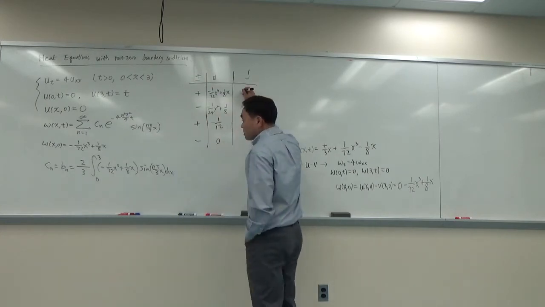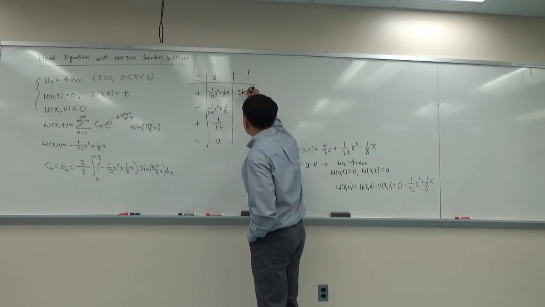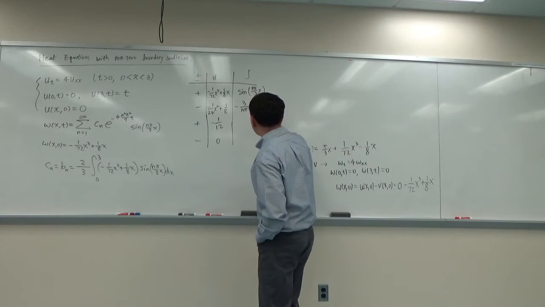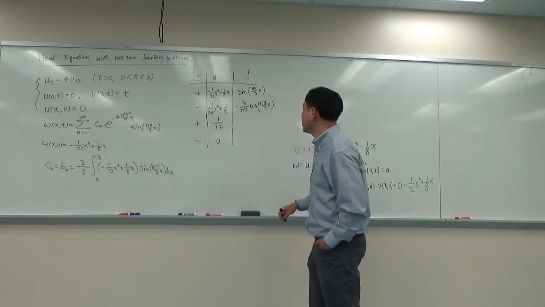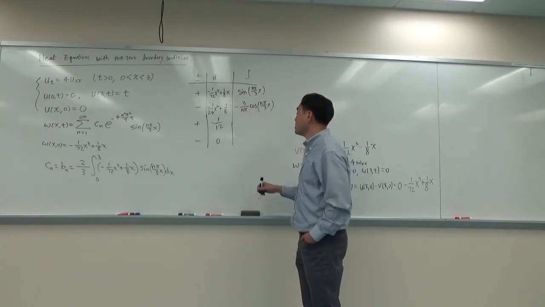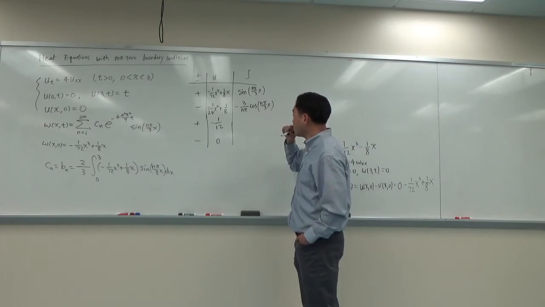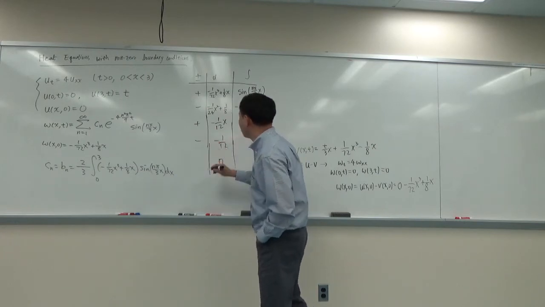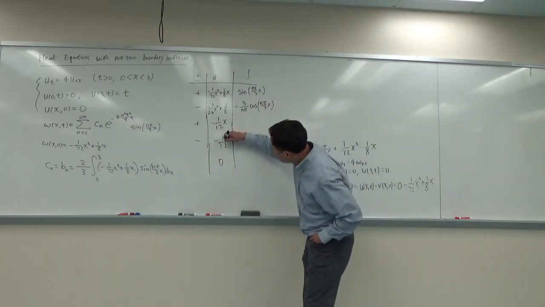And then here you have to integrate. So sine n pi over 3 x, then negative 3 over n pi cosine n pi over 3 x. So I put the reciprocal of this number in front, and sine integrates to negative cosine. Integrate again. Oh, sorry, I messed up. It goes one more, right? Sorry about that. So, okay.